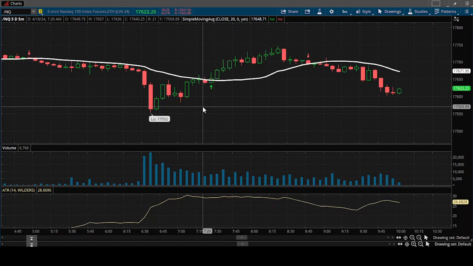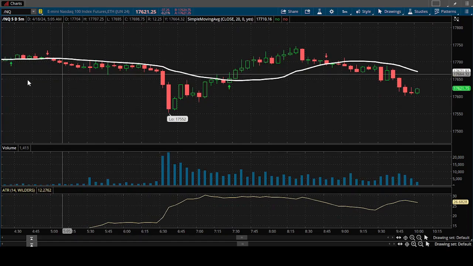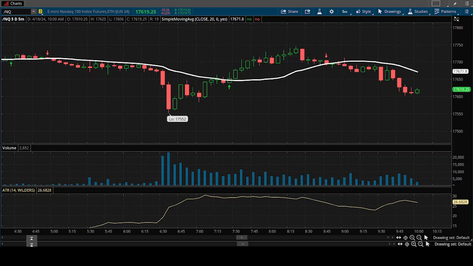Or are you just hoping that you see one of these type of moves where it's just easy to see, or those hard trending days?